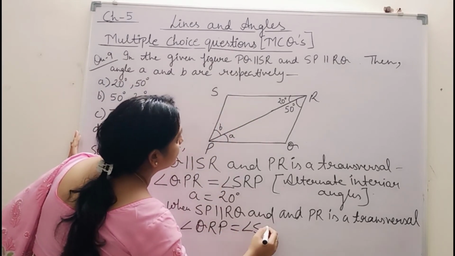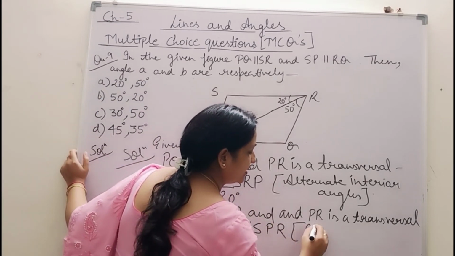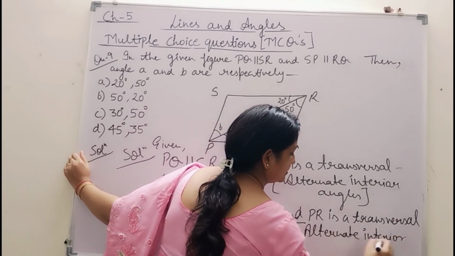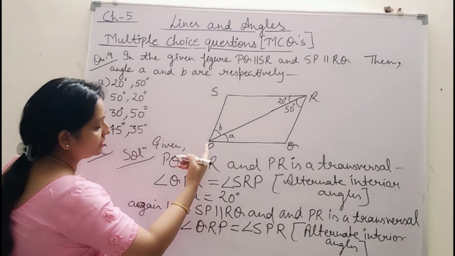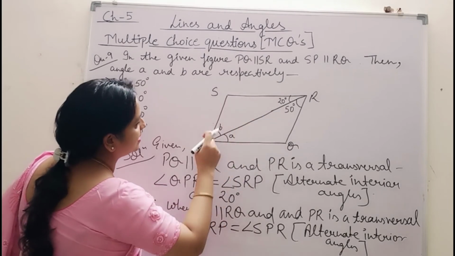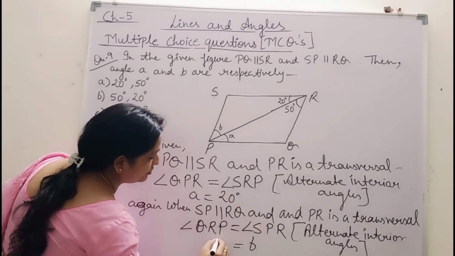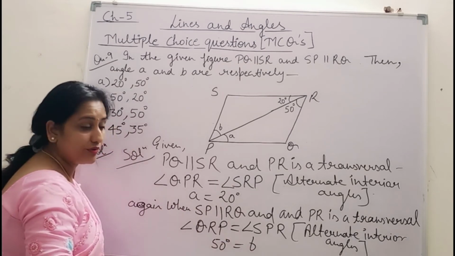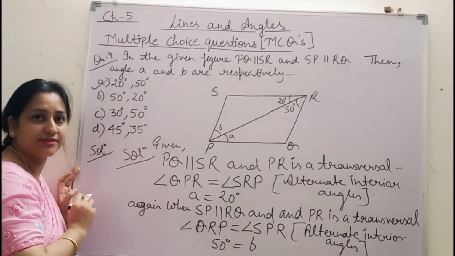Why are they equal? Again, because they are alternate interior angles. So angle QRP and angle SPR, it means B. The value of B is equal to 50 degrees. So here the value of A is equal to 20 degrees and angle B is equal to 50 degrees. So 20 and 50. A option is correct.